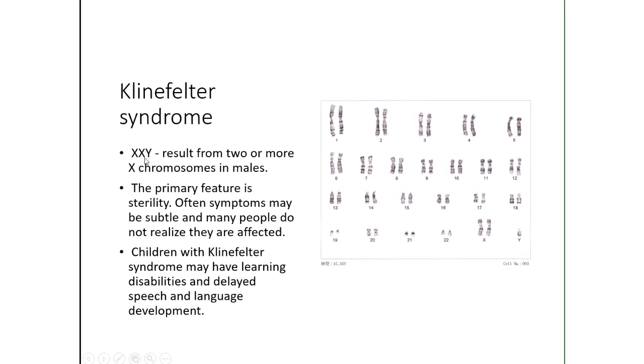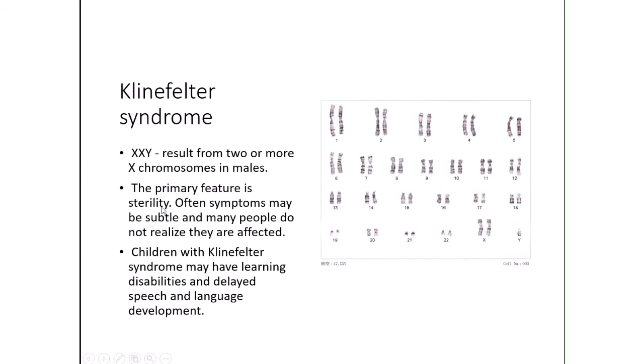And this can also occur if the nondisjunction happens in the mother of the person, where there is no separation for the X chromosome. So the egg would be XX, and now it gets fertilized by a sperm carrying the Y chromosome. In either case, the primary feature of someone with Klinefelter is sterility.